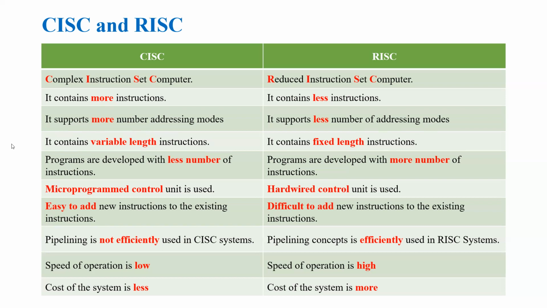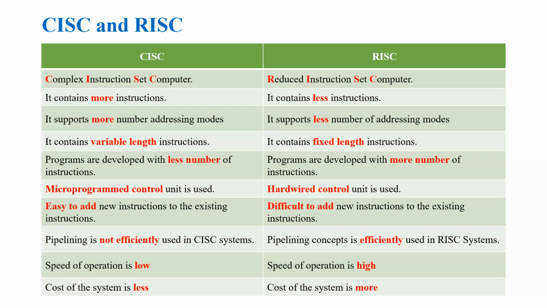And one more reason why we have more instructions in CISC is that for each and every operation, whether simple or complex, we have a dedicated instruction in the CISC instruction set. But in the reduced instruction set, that is not the case. The operations we do not perform on a regular basis have their instructions removed from the instruction set. That's why the number of instructions in RISC is less.